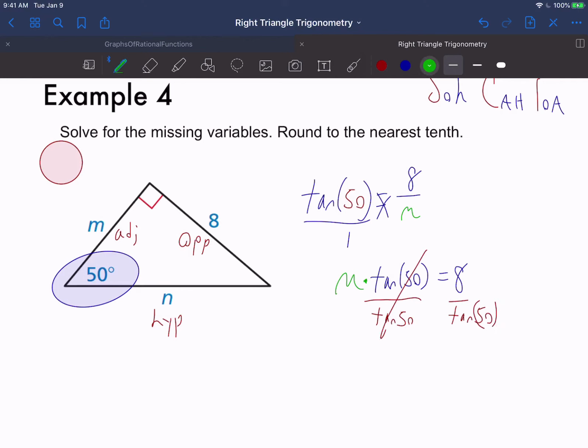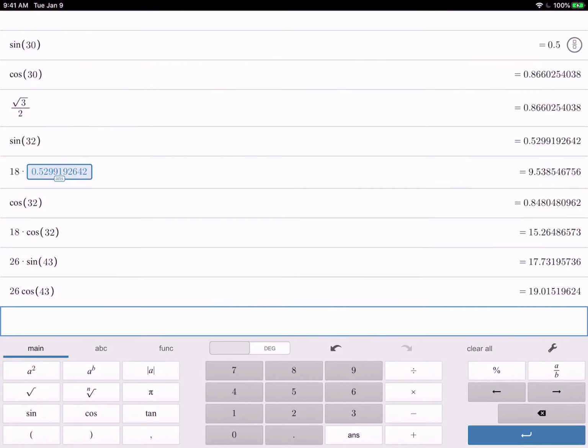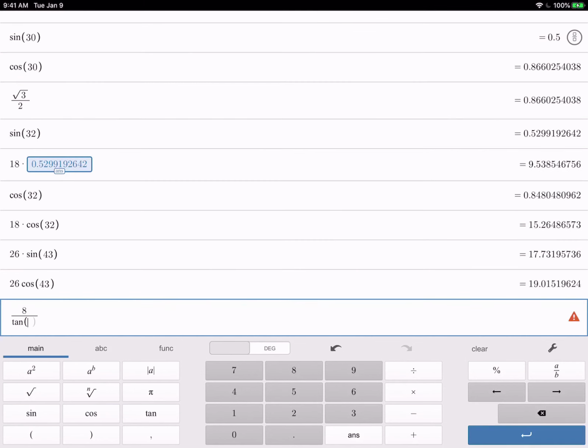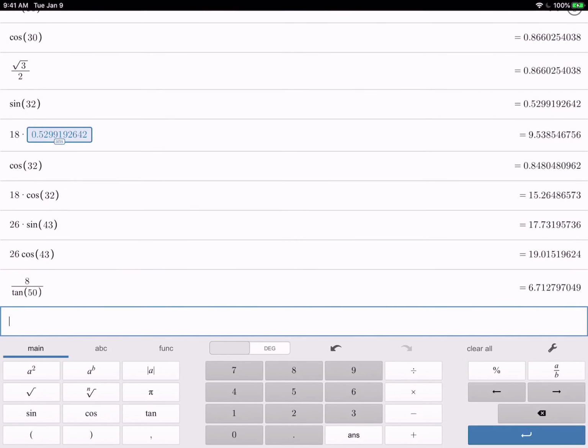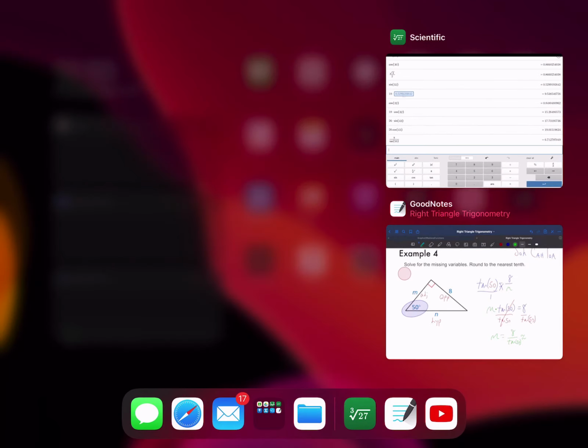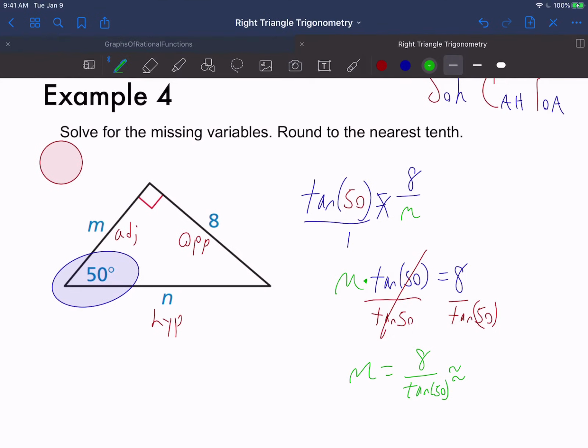That divides out, so I'm left with M equals 8 divided by the tangent of 50, which is approximately 8 divided by tangent 50, 6.7. Great.